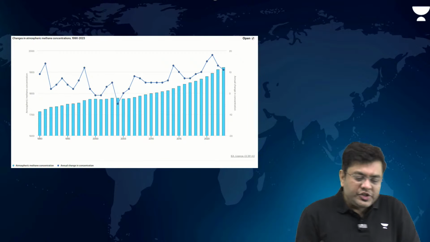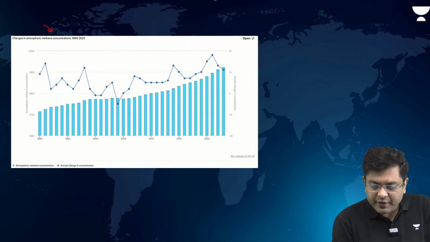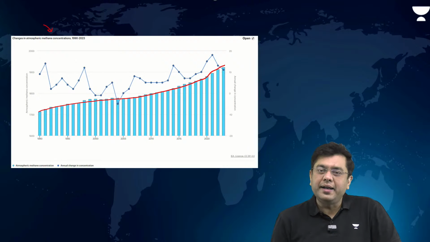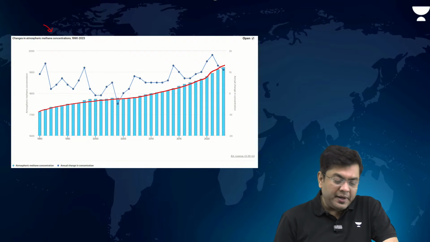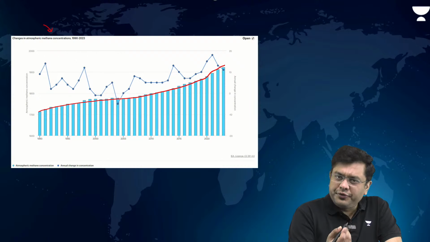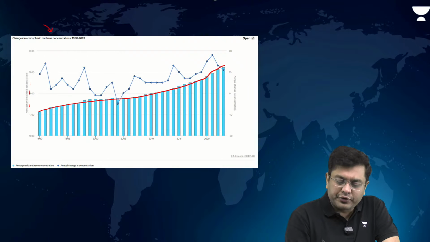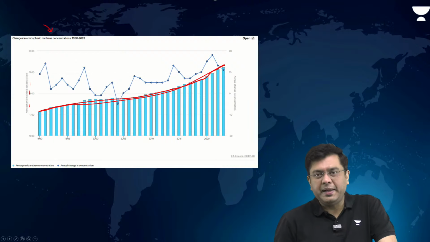Now, changes in atmospheric methane concentration, if you observe, indicate a regular increase in the amount of methane emitted. Atmospheric methane may have changed ever so slightly over a period of time, but observe the growth in methane emission.